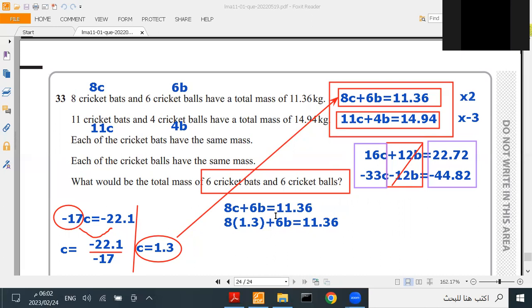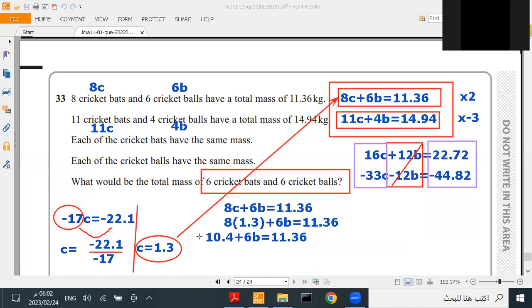Now I finish this equation. I will have 8 times 1.3. How much does it come to? 8 times 1.3 comes to 10.4. So 10.4 plus 6b equals 11.36. Okay. What's next?